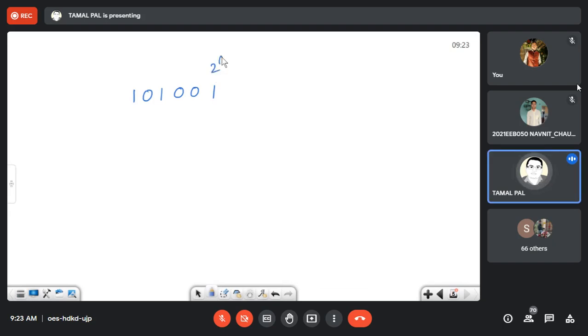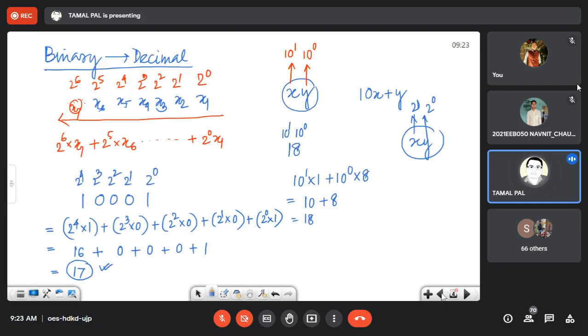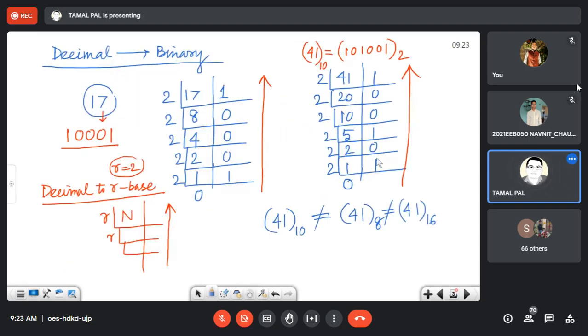Two to the power 0, 2 to the power 1, 2 to the power 2, 2 to the power 3, 2 to the power 4, and 2 to the power 5. Let me check. I have forgotten the pattern just. 1 0 1 0 0 1.